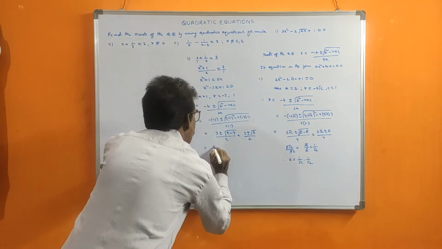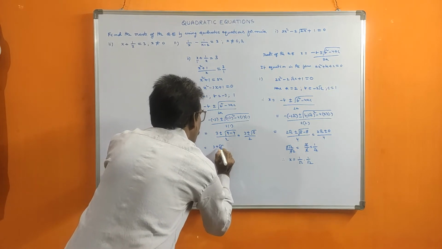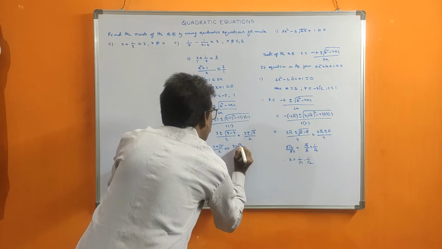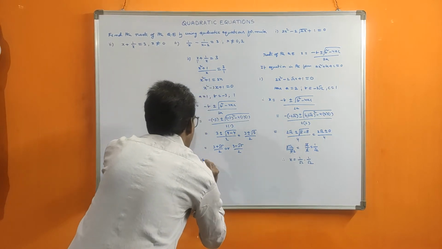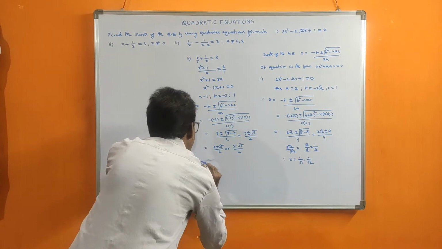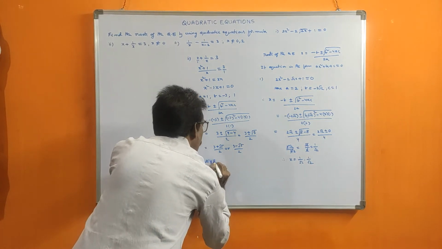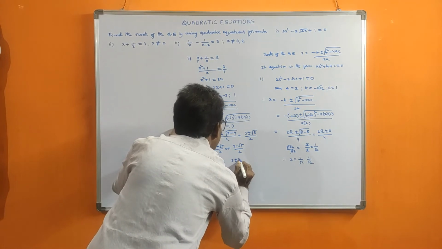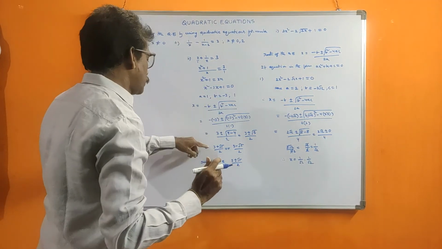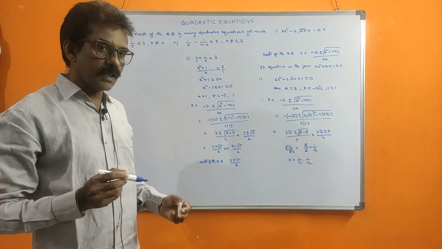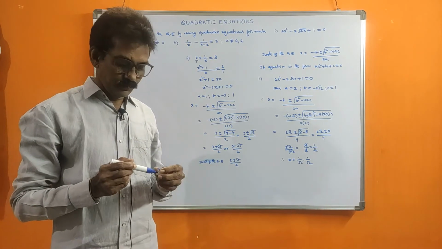That means 3 plus root 5 by 2, or one time plus, you take 3 minus root 5 by 2. Therefore the roots of the QE are 3 plus or minus root 5 by 2. Both you write like this, that is in a single way I wrote. Okay, these two are the roots.